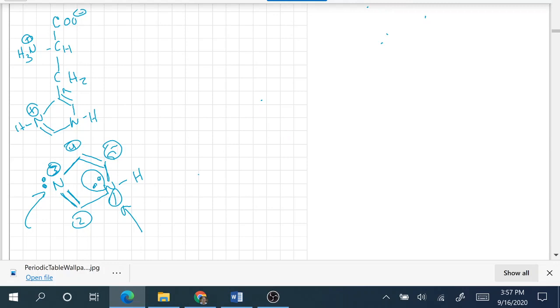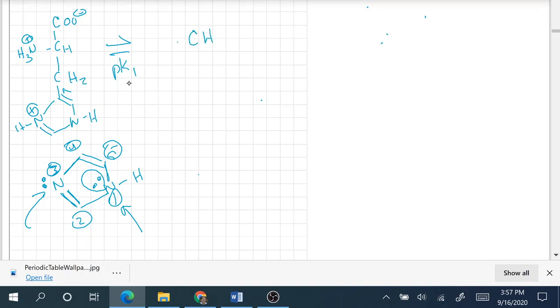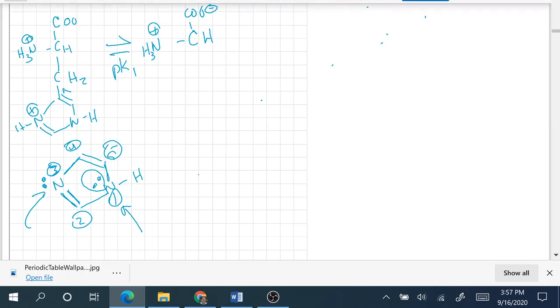Alright, and so I've drawn the imidazole ring at the top, and this is going to be at low pH. Then we're going to have our first pKa, or our pK1, and we're going to lose this hydrogen here.